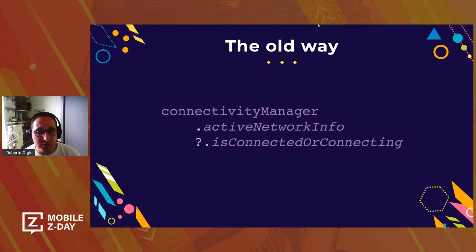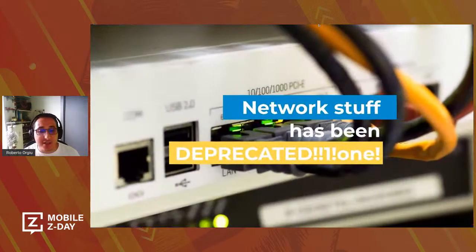There is a problem though. Recently, this API has been deprecated. So if you try to use it, you'll get a very reddish warning saying, hey, you cannot use it anymore. And this is scary.